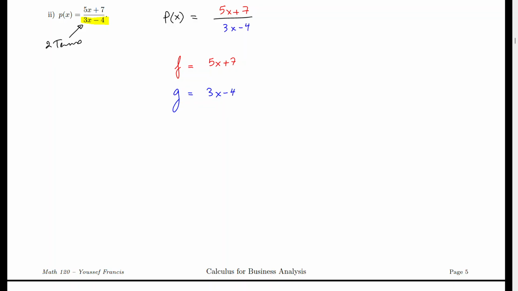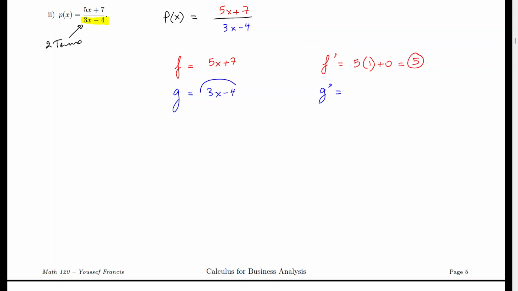And once you do that, I want you to put another column and find the derivative of f and the derivative of g on the side. So what's the derivative of 5x plus 7? Put that answer onto the side. Derivative of 5x is just going to be 5 times 1. Derivative of 7 is going to be 0. That's the basic rules of differentiation. The total here is just 5, and 5 is what I need to carry for the future.